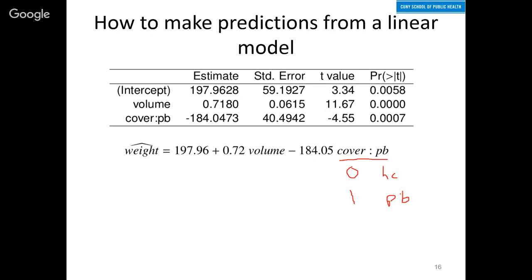Here it's additive because every coefficient adds something or subtracts it from your prediction, whereas in a logistic regression, when you're talking about odds ratios, every coefficient will multiply your odds ratio by something. So just file that away for the future. When you have your first class on logistic regression, you can ask whether it's an additive or a multiplicative model and get a head start on it.